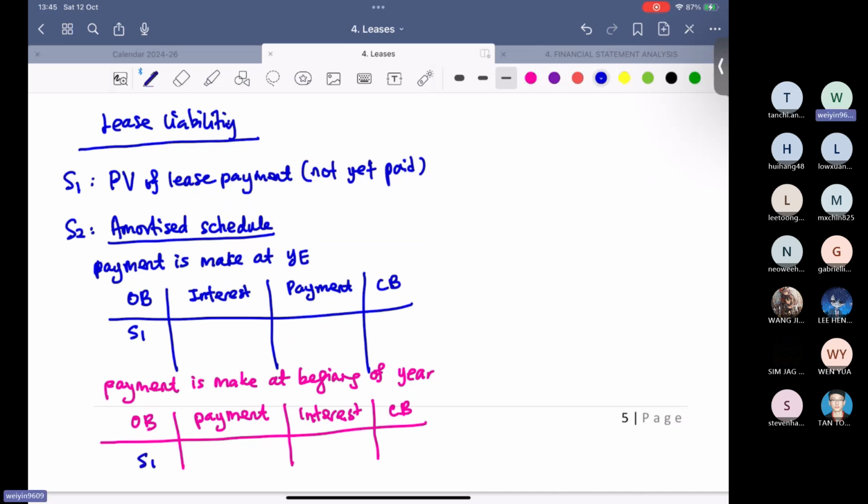So the formula: this one plus this one minus this one equals this one. So payments are always minus. Like this.